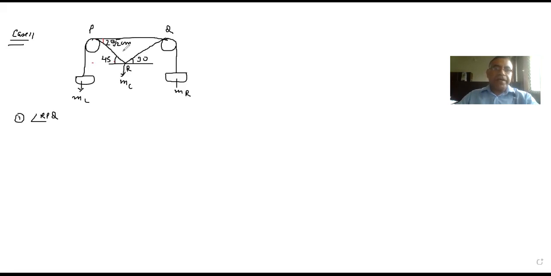So the complete angle should be 180. So 45 plus x plus 30 is equal to 180. So 75 plus x is equal to 180. So x should be 180 minus 75, which is equal to 105. So this angle is 105.